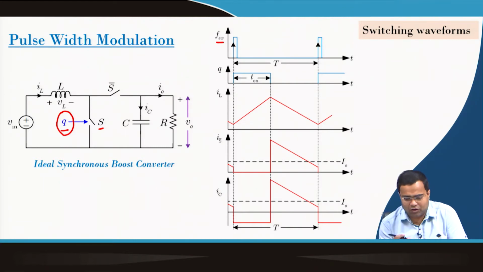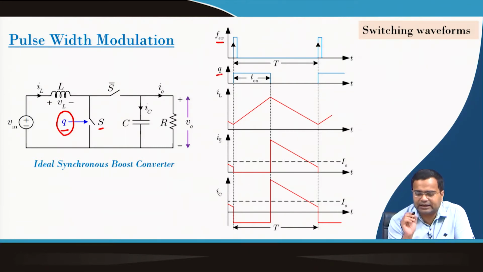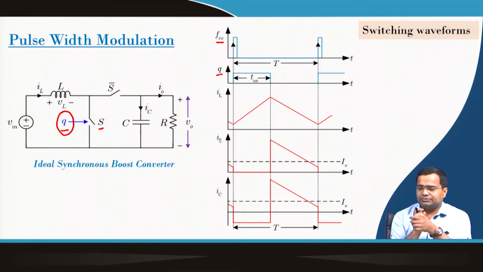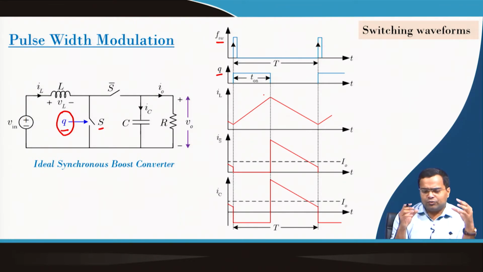When this switch is on, the duration of the on time is T on and the total time is capital T, which is fixed. When the switch is on, the inductor current will rise linearly, because we are assuming the output voltage is more or less constant. When the switch S is on, L di/dt will be V in, so the current will rise linearly.